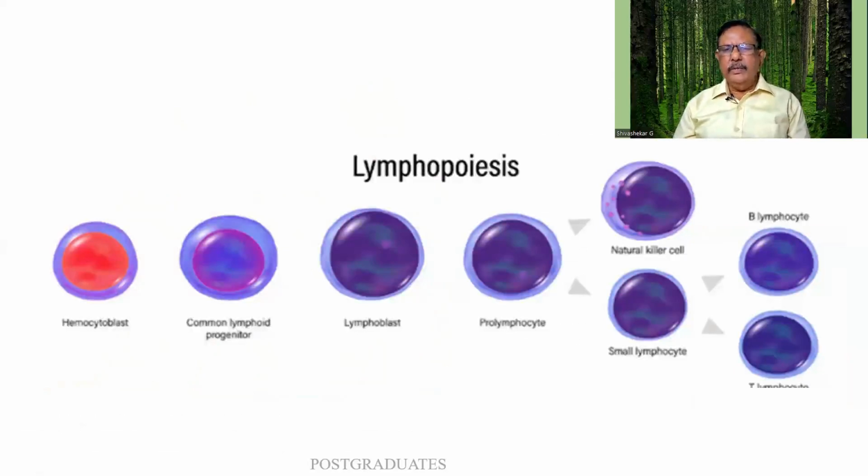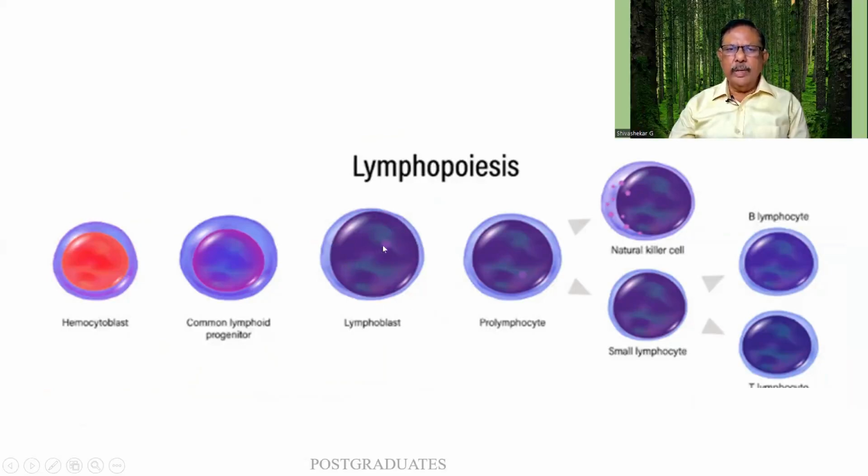Lymphopoiesis is something that we should study because it can be confused with the myeloblast. So there is a hemocytoblast. It matures into the lymphoid series. There is a common lymphoid precursor. And just like a myeloblast, I get a lymphoblast over here, large round cell. The chromatin is more condensed.